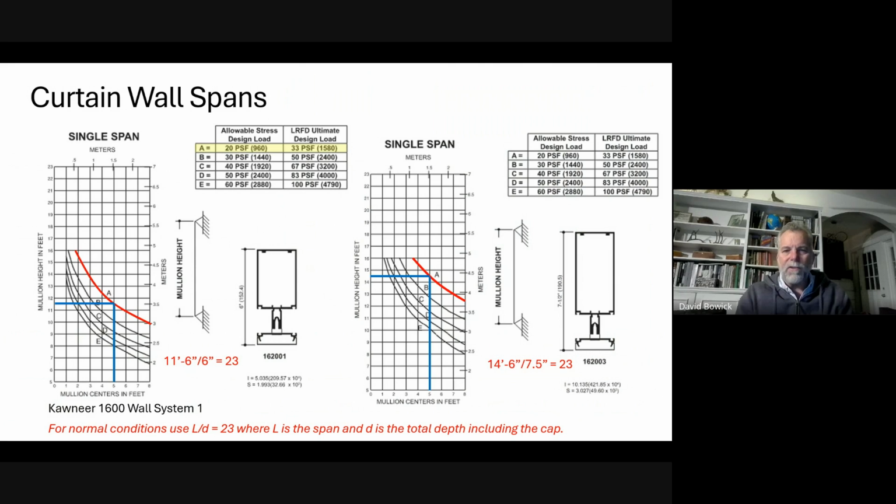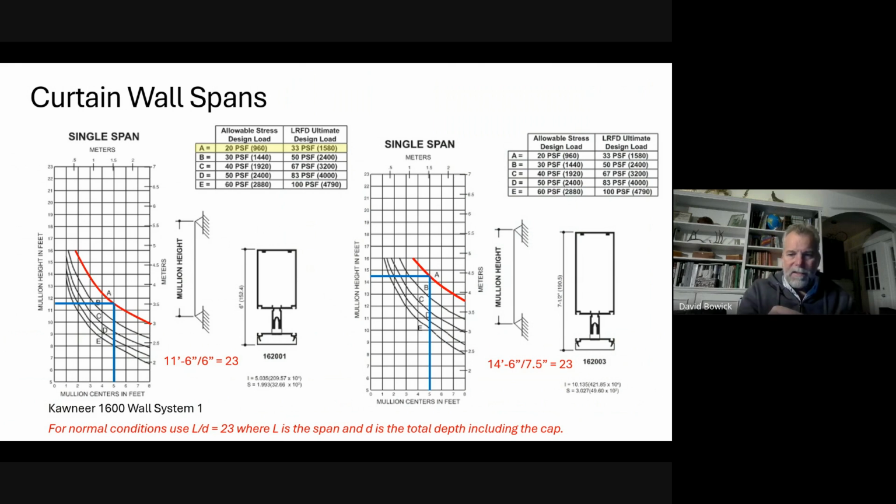Okay, how do we size curtain wall? Well, the method is not all that different, except that here it's represented graphically instead of in a tabular form. So we can see that we have a separate graph for each mullion assembly.